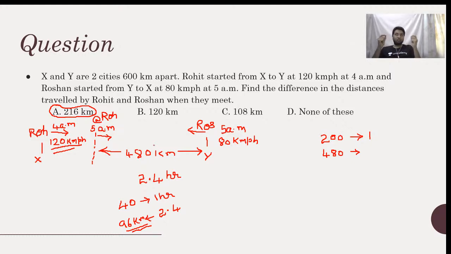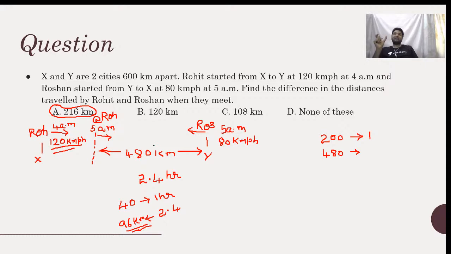If they have to come closer by 480 kilometers, it is 200 kilometers in 1 hour, so 480 kilometers in how much time? In 2.4 hours. Every hour out of these 2.4 hours, Rohit covers 40 kilometers more than Roshan. Therefore, in 2.4 hours, it will be 96 kilometers.